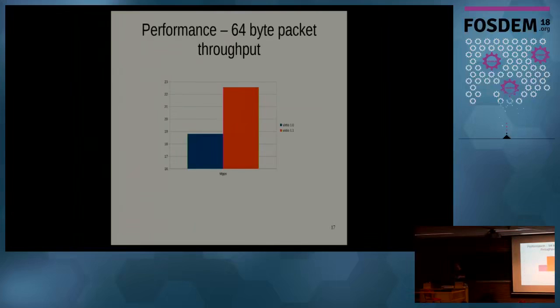Apart from micro benchmarks, this is the only real test run I managed to do before this talk. With 64-byte packets, we measured a boost from 18.8 to 22.6 Mpps. This is using slow NICs, so larger packets simply hit wire speed on the setup. And I'm working on benchmarking with larger packets.